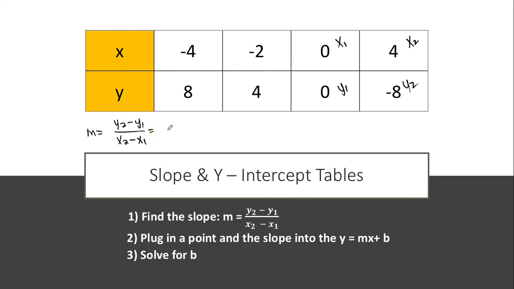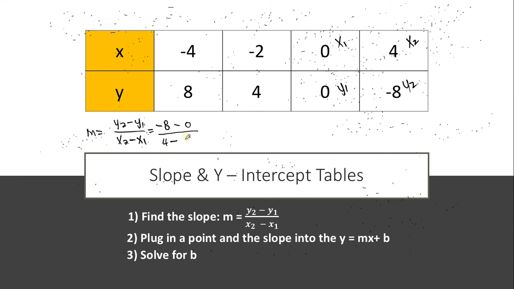So y2, what did I label y2? Negative 8. And for the people who I always have to remind, you need to write the formula every time. You need to label every time. So y2 minus y1, my y1 is 0, over x2, which is 4, minus x1, 0.